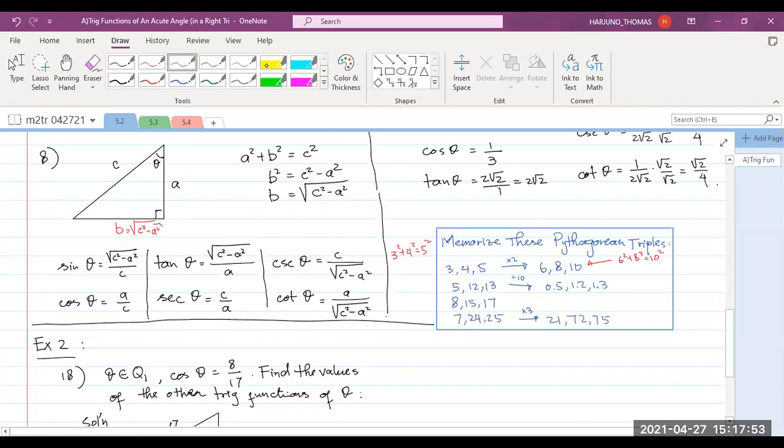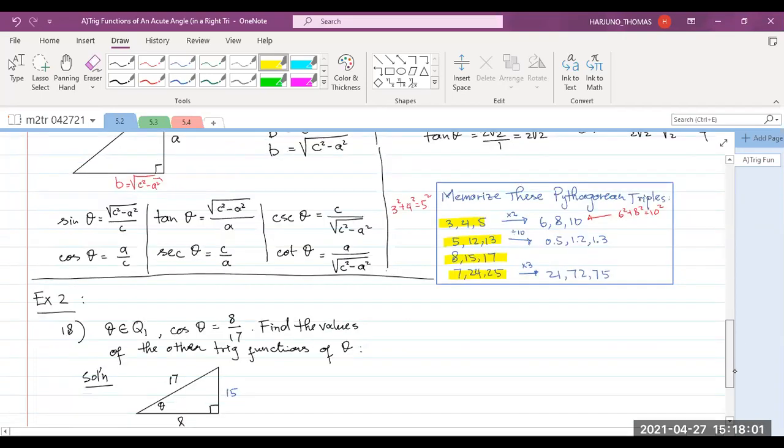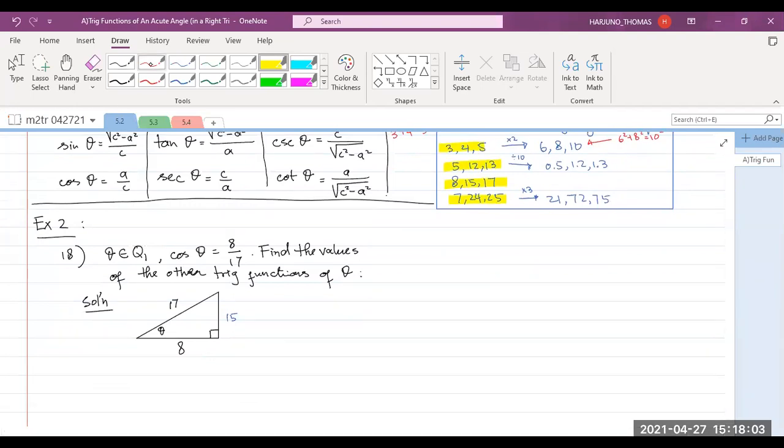Now, this knowledge of basic Pythagorean triples helps you speed up your computation a lot in trigonometry. If you don't memorize the triples, then just use the Pythagorean theorem. You need to get that 15 first. From there you see, oh, sine theta equals 15 over 17.